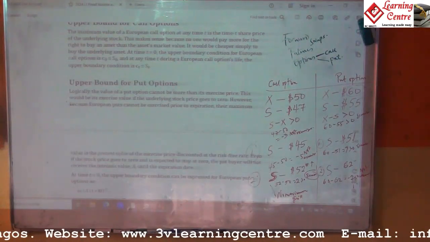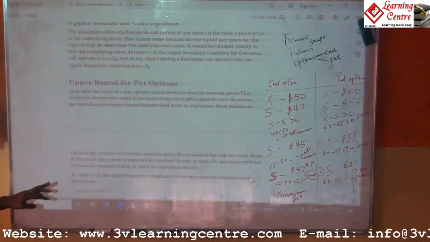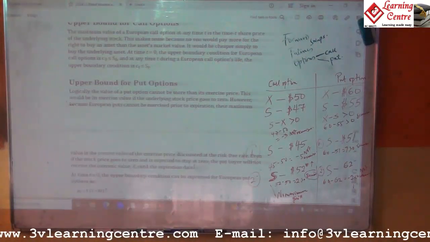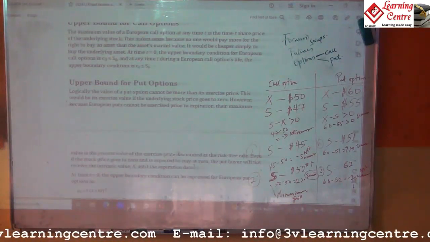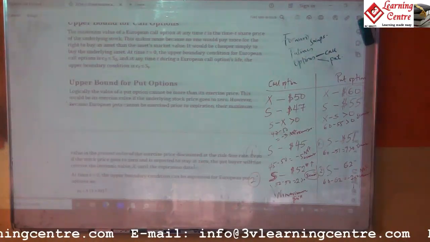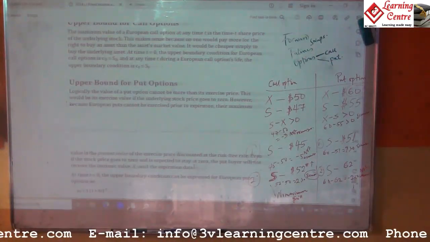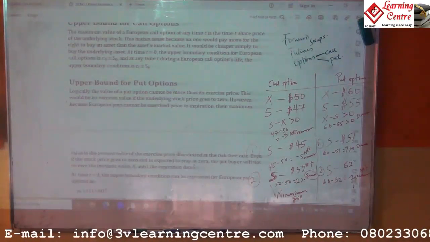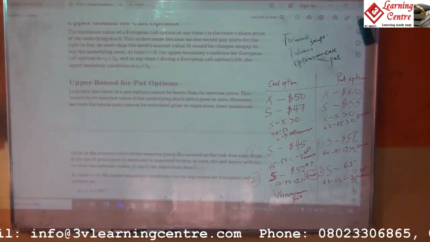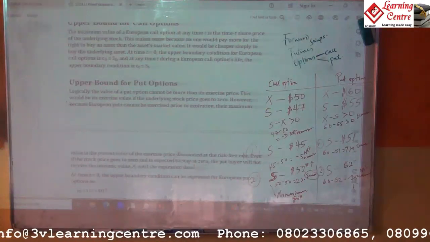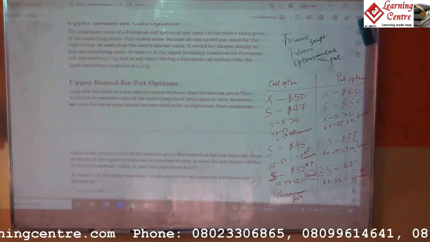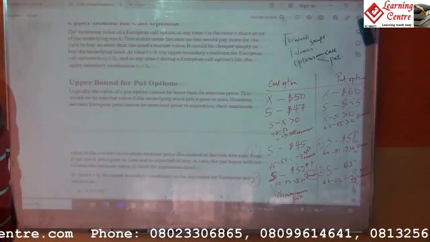We have said that if you look at our put option, the maximum benefit, that's option 1, the maximum benefit that the put option will get is the exercise price. So option 2 and option 1 are the ones we really need to know.